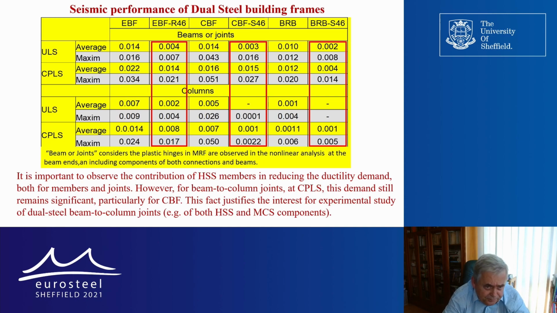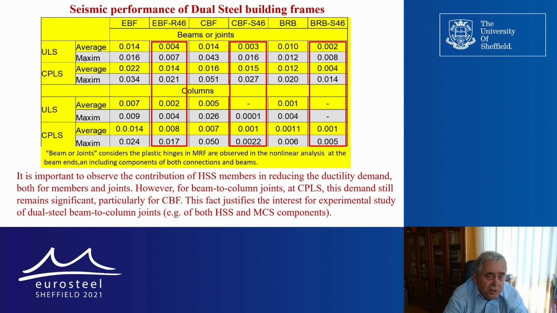So the results, if you are looking to the results for all this, what we can observe is very small plastic deformation in the non-dissipative design members, I mean columns mostly, for ultimate limit state, which is practically the criteria for safety in usual seismic design.